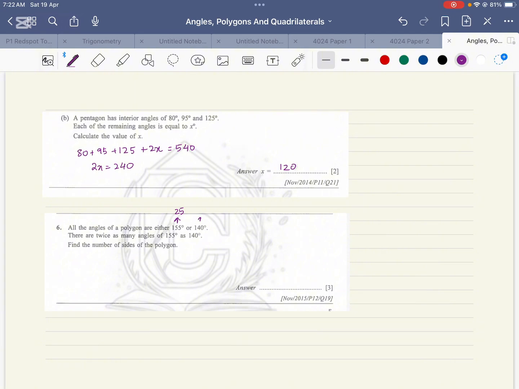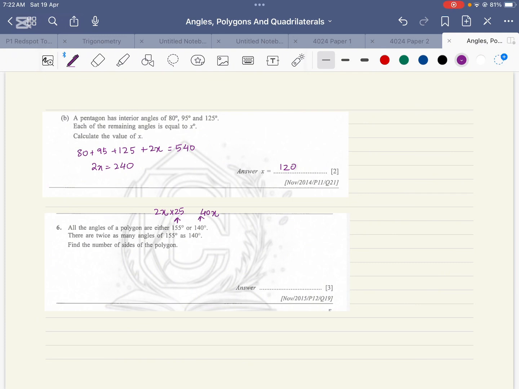If the interior angle is 140, the exterior angle will be 40. If we have x number of exterior angles equal to 40, we will have 2x number of exterior angles equal to 25.